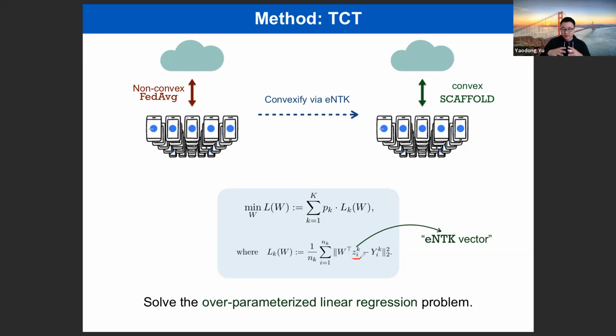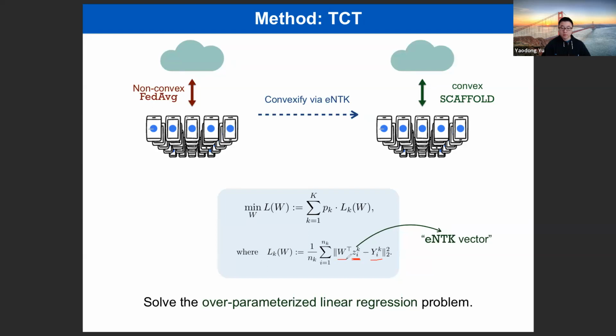After having these ENTK vectors, or this huge representation vectors, what we solve in the second stage is an overparameterized linear regression problem. Here we convert every label to a one-hot label vector, and we use the ENTK representation vectors as the features.